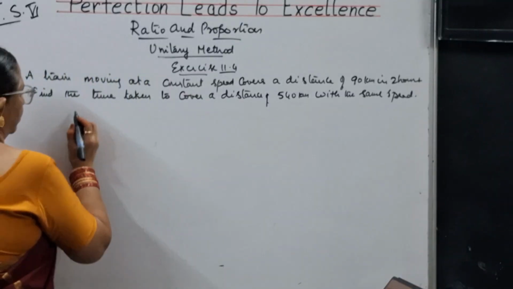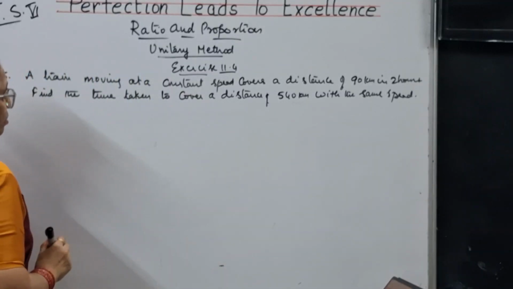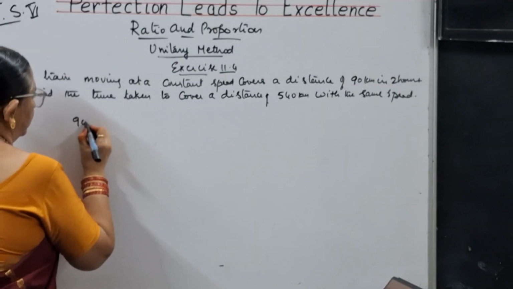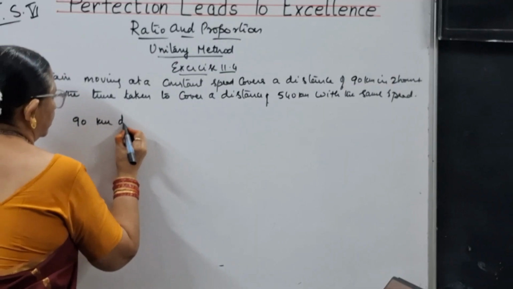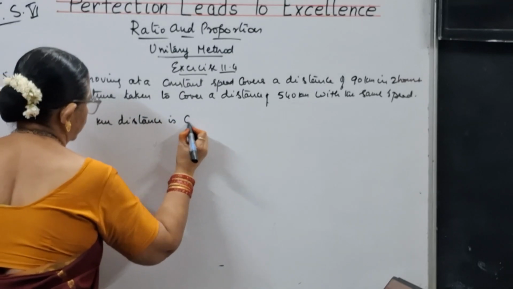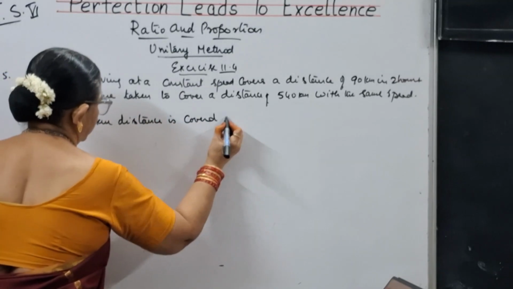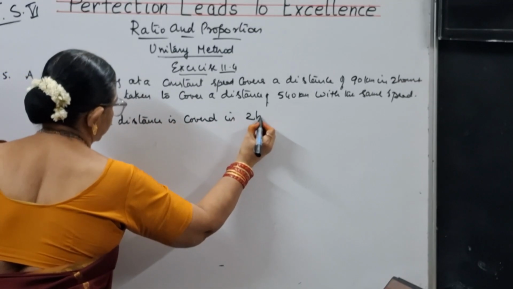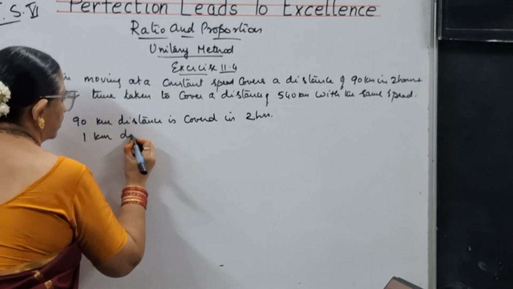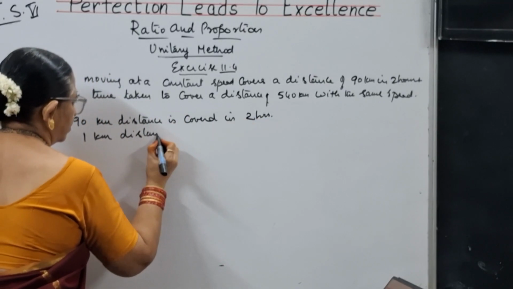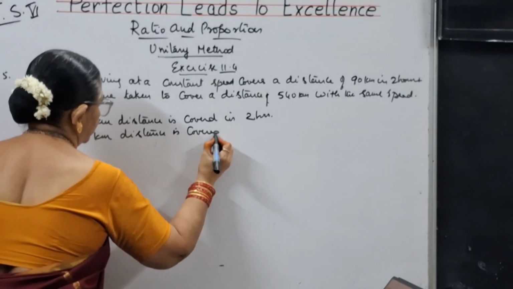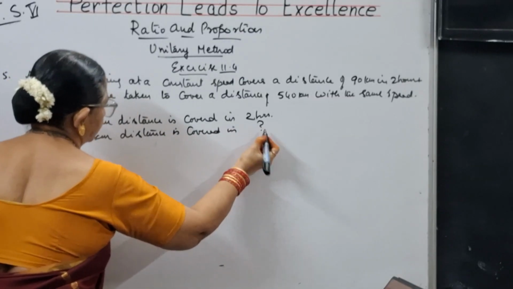So 90 kilometers distance is covered in 2 hours. So 1 kilometer distance is covered in how many hours?